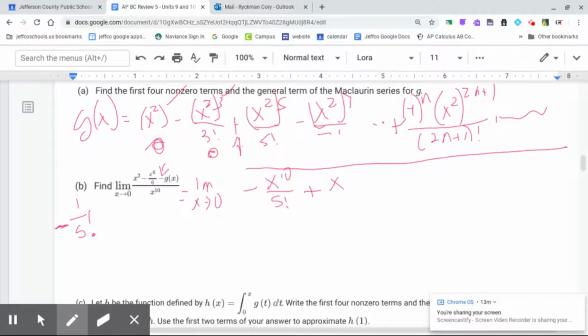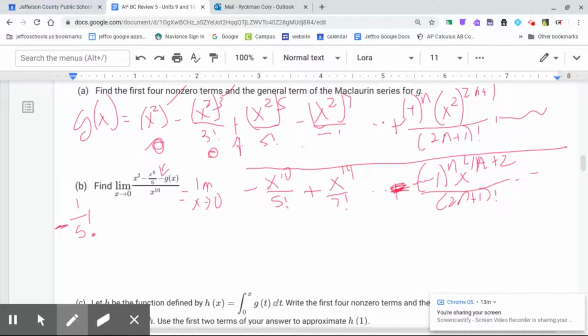So this will be minus, this will be plus x to the 14th over 7 factorial, and eventually the opposite of negative 1 to the n, x to the 4n plus 2 over 2n plus 1 factorial.